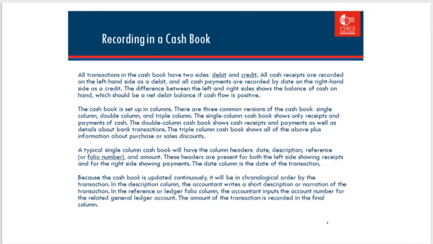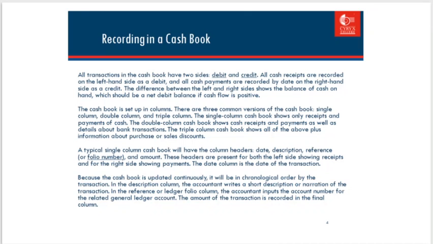A typical single column cash book will have the column headers date, description, reference or folio number, and amount. These headers are present for both the left side showing receipts and the right side showing payments. The date column is the date of the transaction.